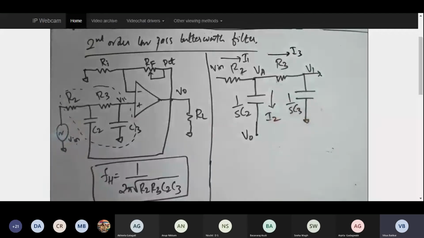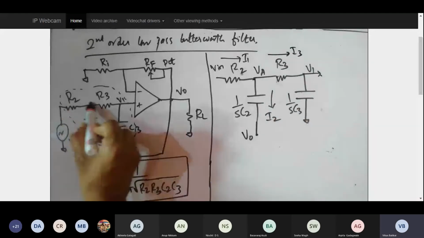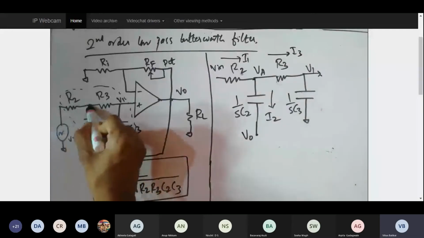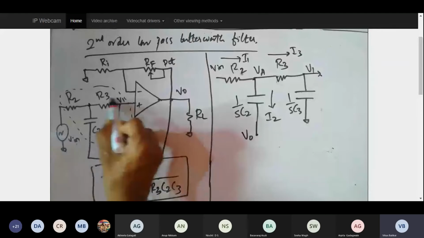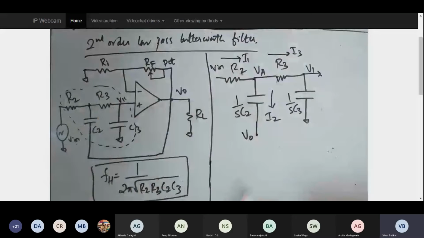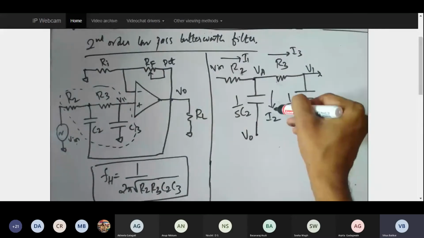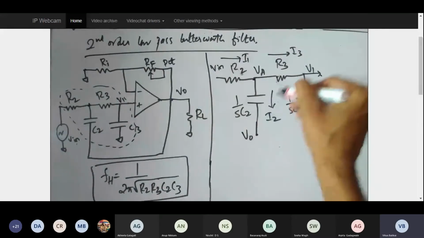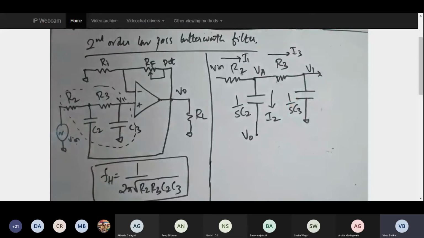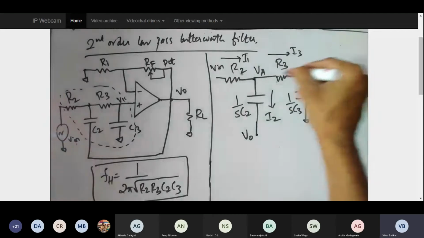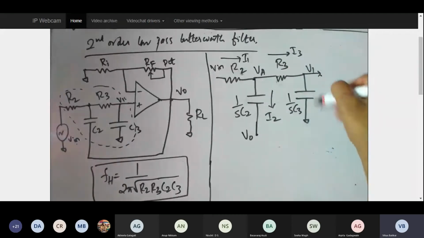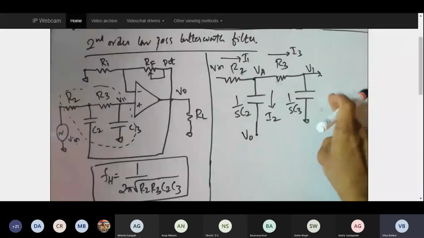So current I1 is coming over here, and one portion of the input current will be entering the capacitor C2, and the other portion will be entering the resistance R3. So there will be division of the current. So I1 is entering VA, and it will be divided as I2 and I3. And obviously this entire capacitor will have the same current as I3. But anyhow, I'm not bothered about this particular current right now.